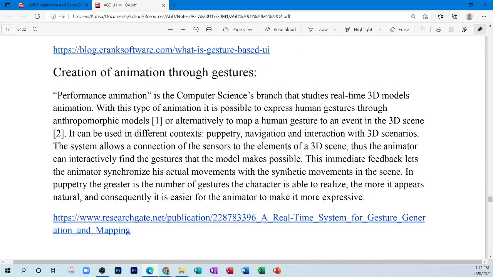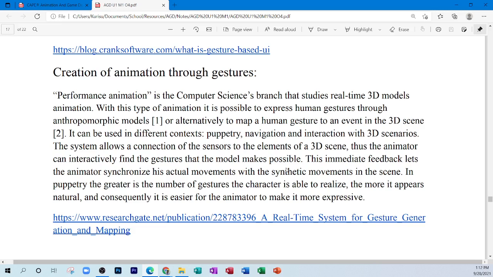So, creation of animation through gestures. Performance animation is a computer sciences branch that studies real-time 3D models animation. With this type of animation, it is possible to express human gestures through anthropomorphic models, or alternatively map a human gesture to an event in a 3D scene. It can be used in different contexts: puppetry, navigation, and interaction with 3D scenarios.